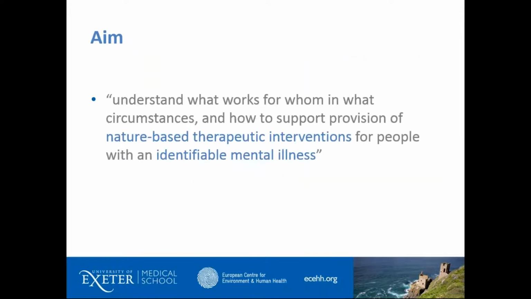Its aim was to understand what works for whom, in what circumstances, and how to support provision of nature-based therapeutic interventions for people with an identifiable mental illness. There were several strands of work to the project, and a mixed method review was one of those.